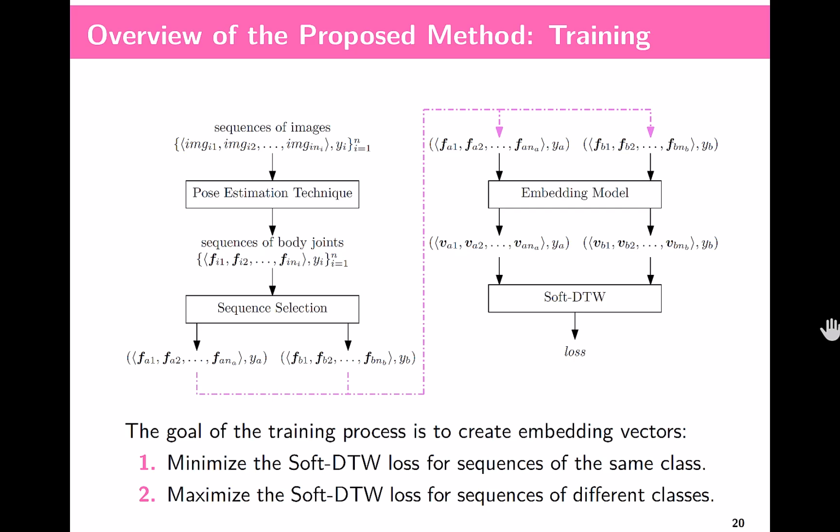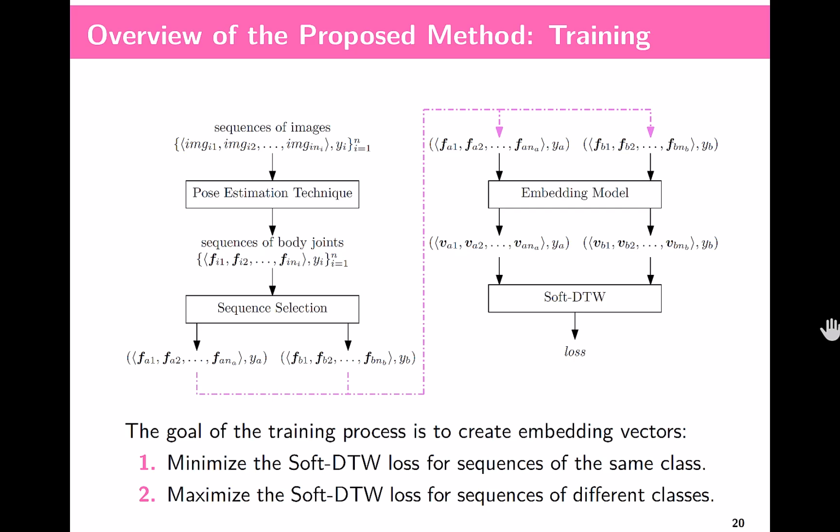Then these sequences of joints pass through the sequence selection, where we select 2 random sequences of body joints. Each pair passes through the embedding model to get a representation in the form of vectors. So we will have a pair of sequences of vectors representing sequences of body joints.